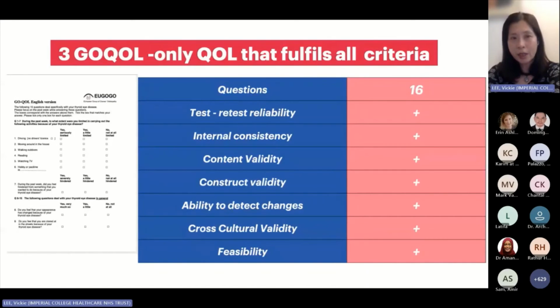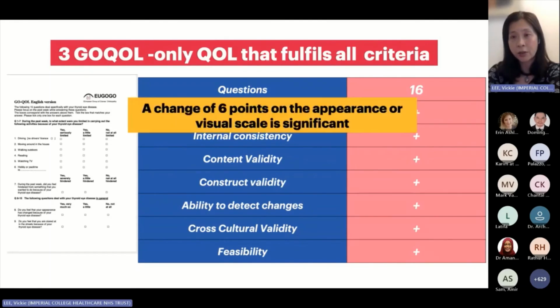The third example that we should use is quality of life measurements. This helps to address the gulf between our patients' lived experience and often the clinician's impression of the severity of their disease. GO-QoL, a 16-question questionnaire developed by Ugogo, is the only one that fulfills all the criteria for validity, consistency, and the ability to detect changes.